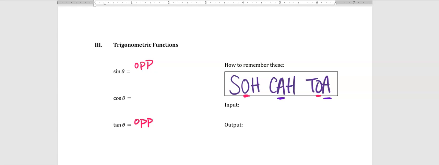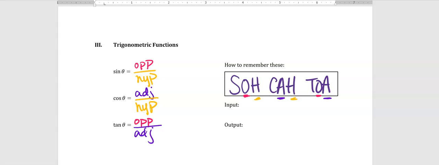I don't even know if you can really tell the difference there, but it's supposed to be slightly different. Adjacent. And then last but not least, let's go ahead and use this beautiful yellow color for the hypotenuse. So we'll always remember that. Hypotenuse.